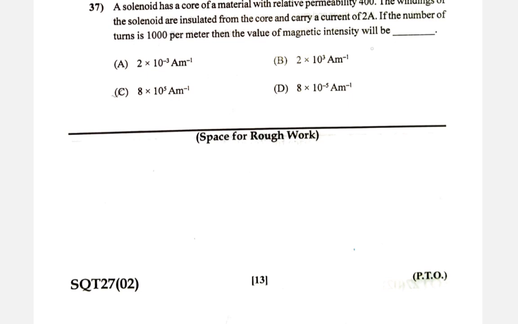Magnetic intensity H is equal to n into I. So n is equal to 1000 and I is equal to 2. All the rest of the information is given just for confusing. Therefore the answer will be 2000 ampere per meter. So option B.